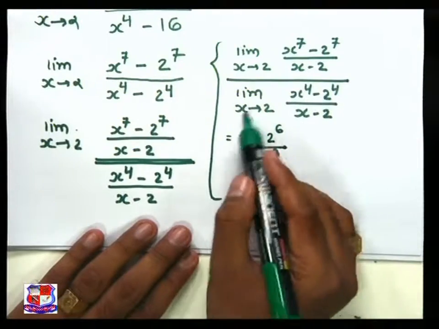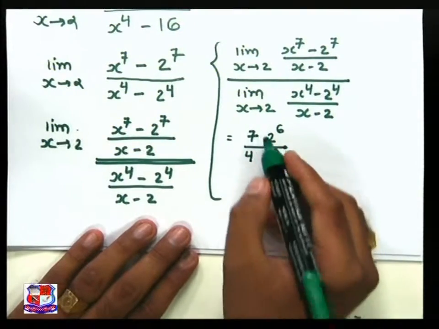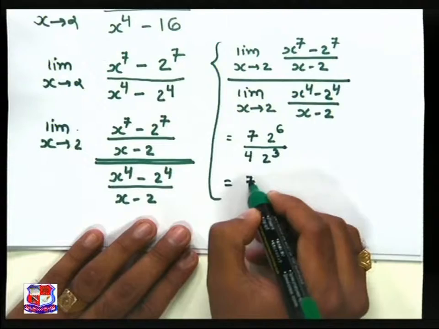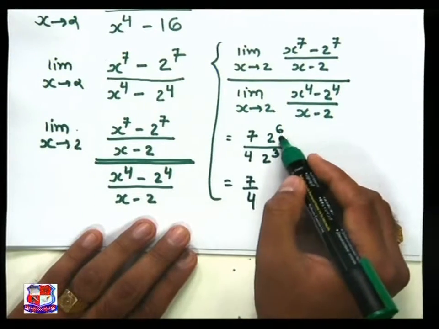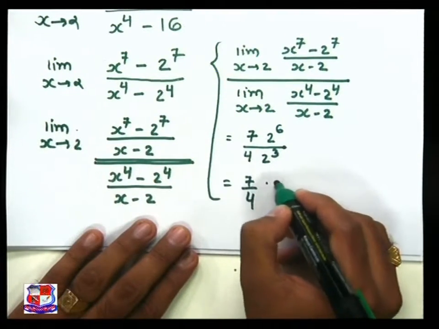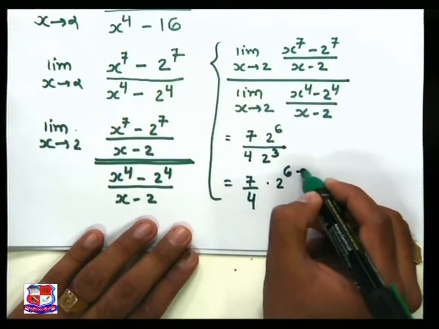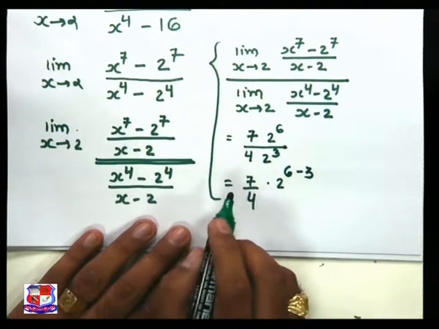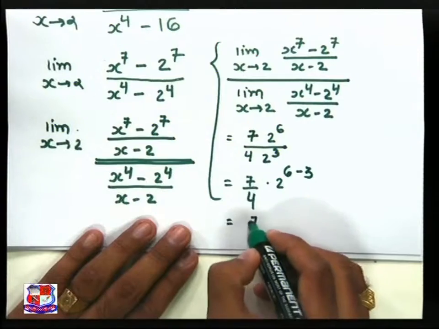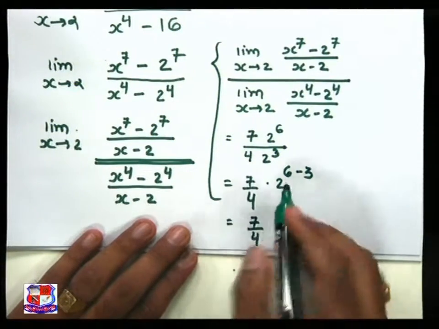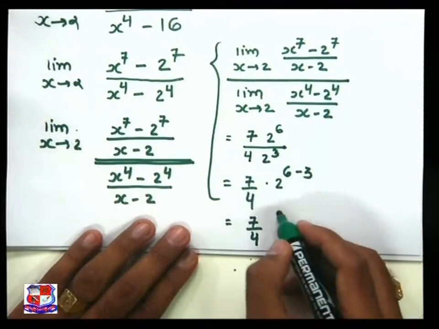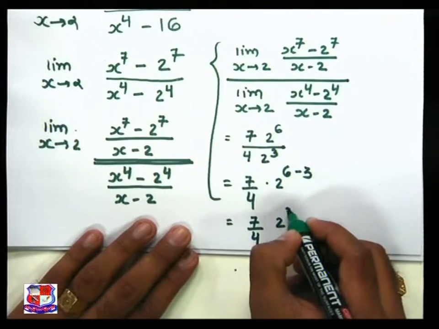Now time to simplify this term, 7 by 4 as it is. Here 2 raised to 6, here 2 raised to 3. We can simplify with 2 raised to 6 minus 3. Again more simplify, 7 by 4, 2 raised to 6 minus 3, that is 2 raised to 3.